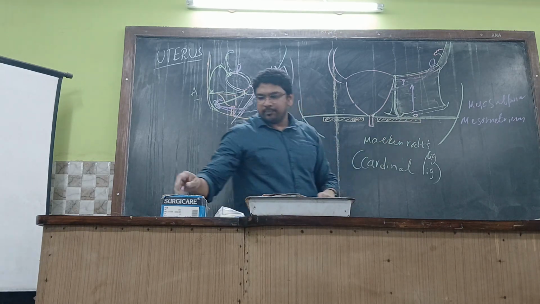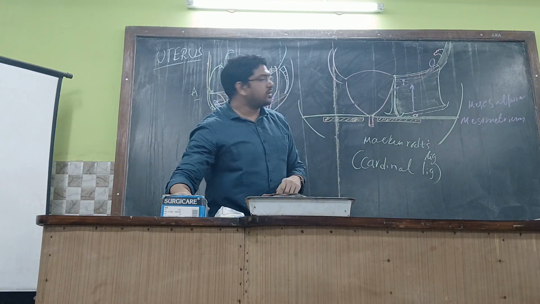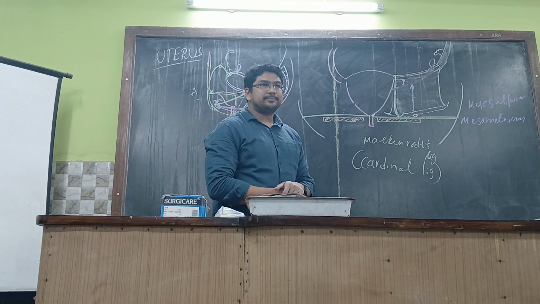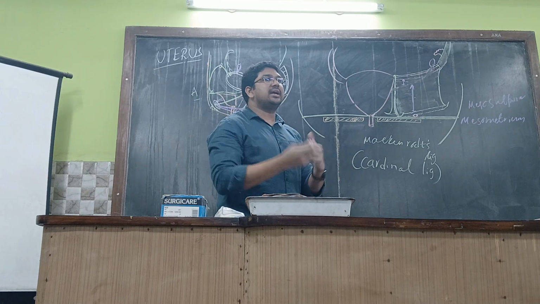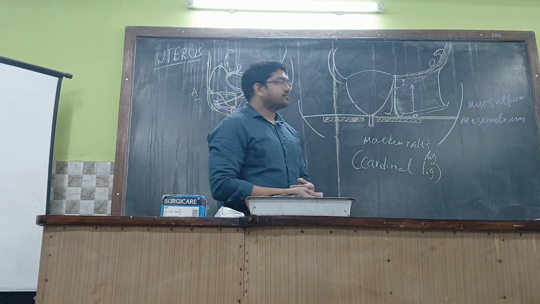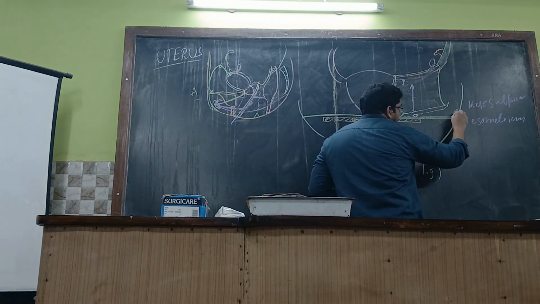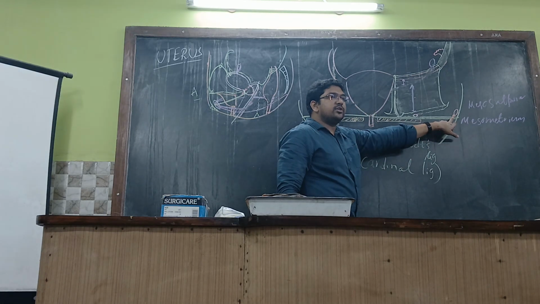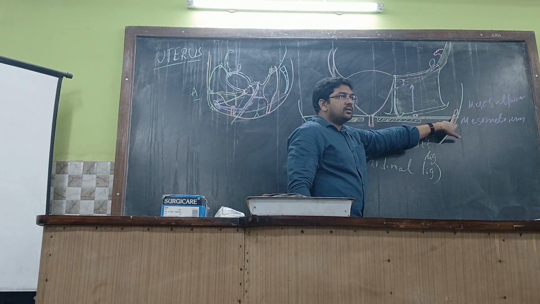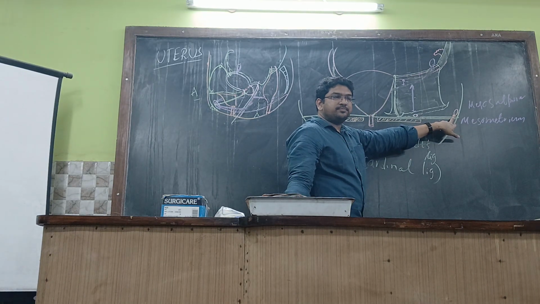For example, left ureter. The relation of this left ureter with that of the uterine artery, I have already told you in the last class, how the uterine artery is related with that of the ureter. For example, which artery are the uterine arteries arising from?